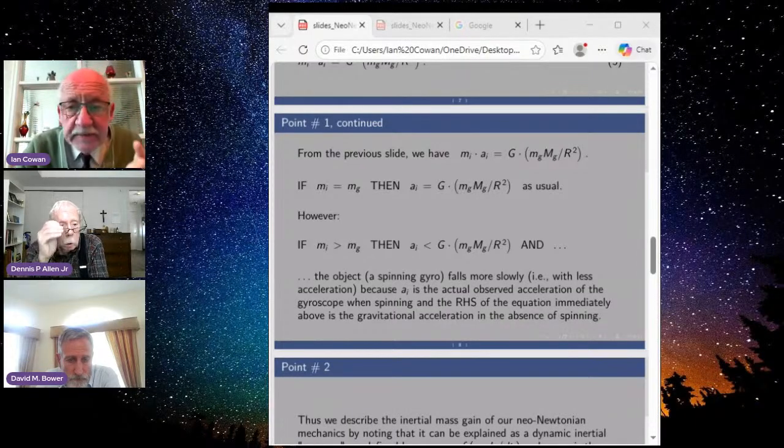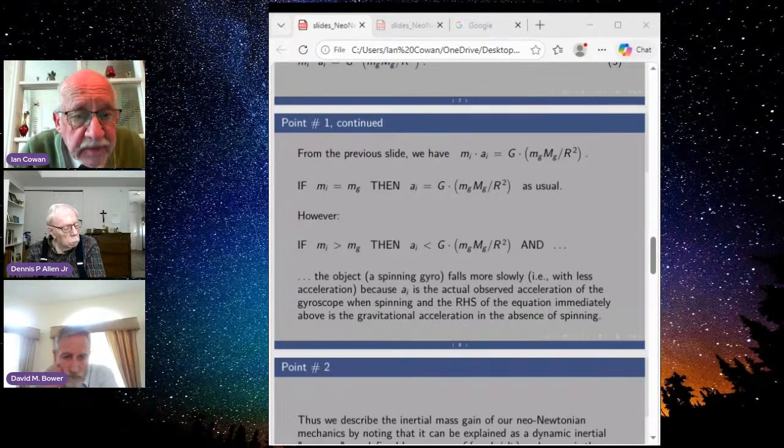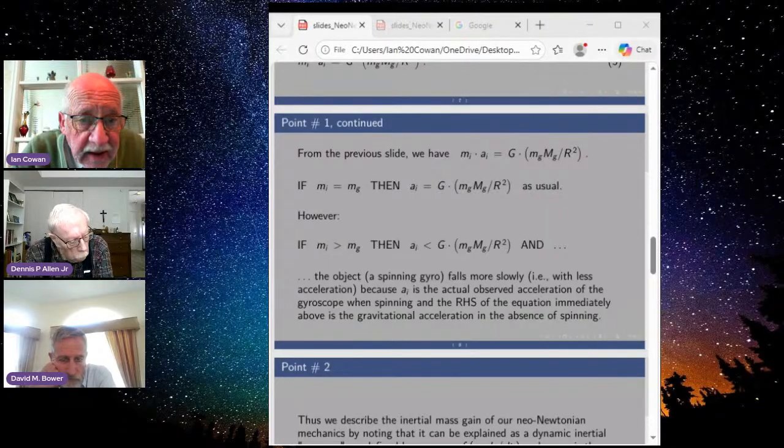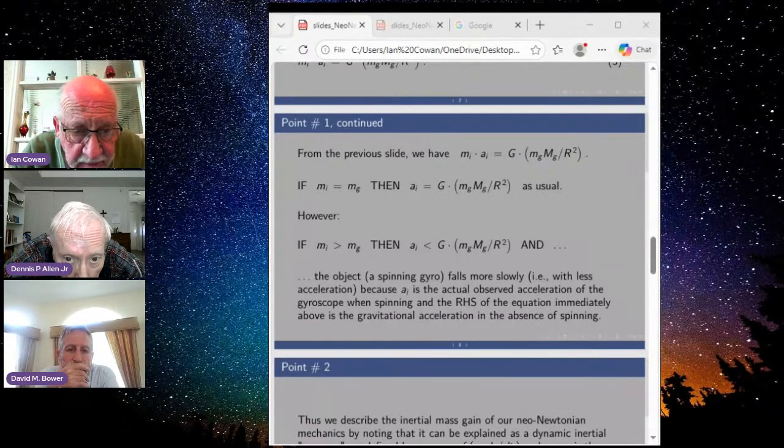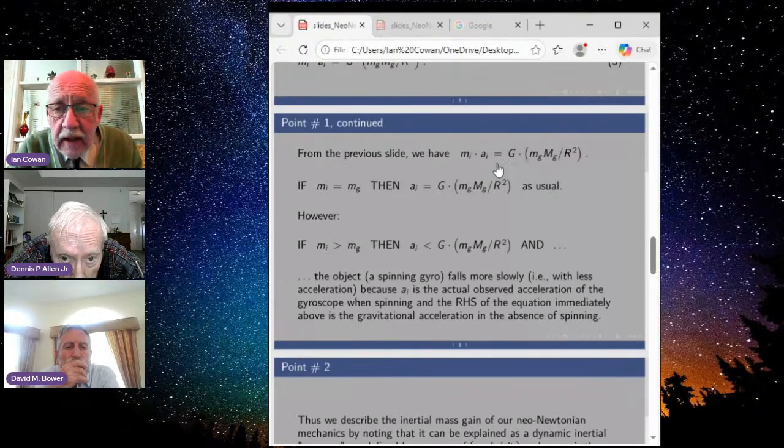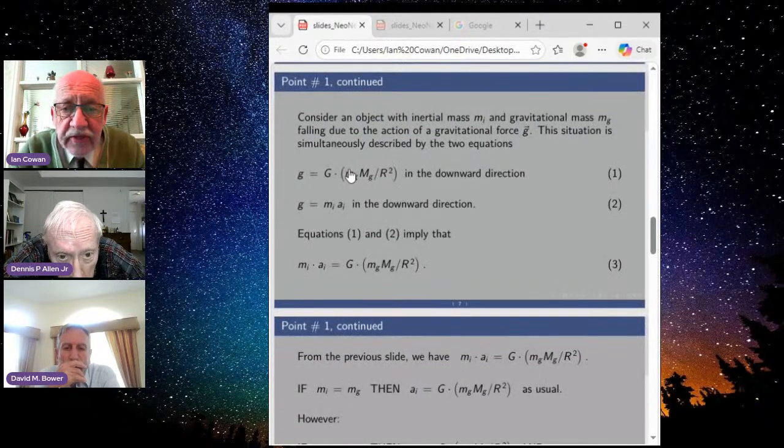May I just come in with a little bit of pedantry? I think it doesn't affect your argument. Your argument is sound, but dimensionally, you shouldn't have that m g on the right-hand side. On the right-hand side of what? Say you start from the beginning. Newton's laws involve that m g should not be there.